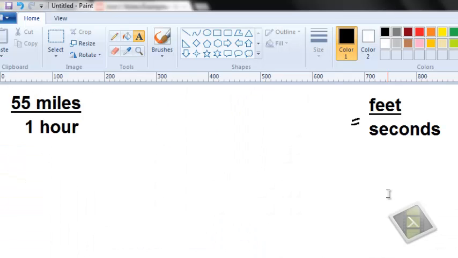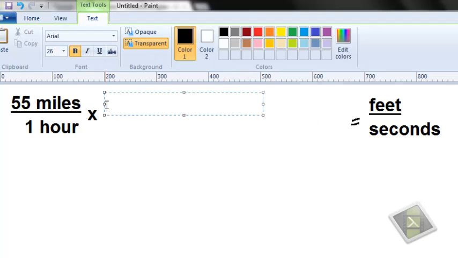So what we have here is what we start with, 55 miles per 1 hour. What we need to do is get to feet and seconds. I like to put the labels out of what I want at the end. That way I know what I need to put where. We're going to convert from miles to feet first. You need to know that conversion from feet to miles somewhere along the way.